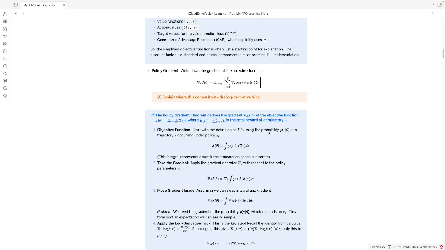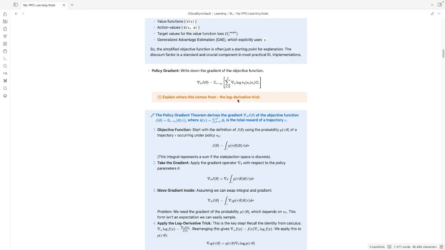And the gradient of the objective function is again the summation of the gradient of log the probability that at state t we will take action at. This log is what we call the log derivative trick.